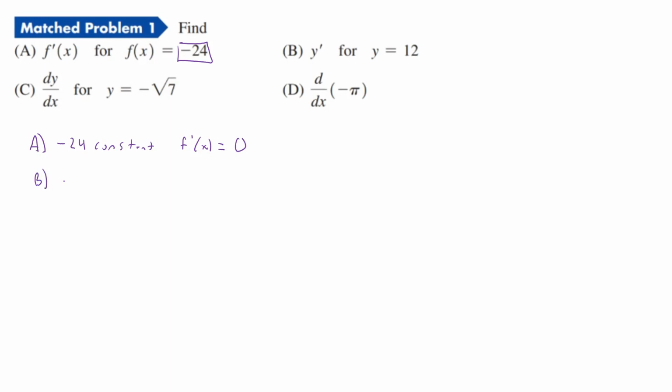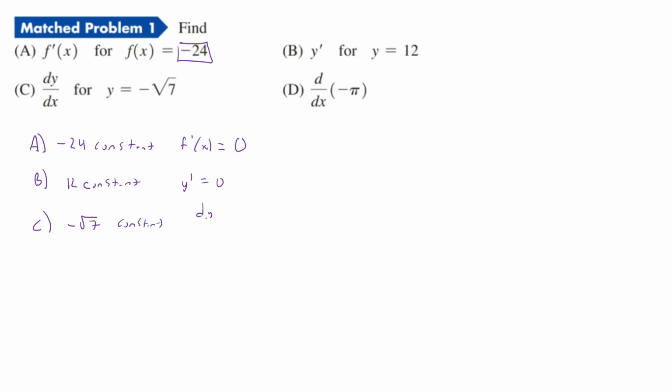Similarly for B, here we're taking the derivative of 12. Well, 12 is a constant, and so y prime is also equal to 0. And what we're doing also is showing you all the different ways to write that derivative. C, well here, negative square root of 7, that's a constant.